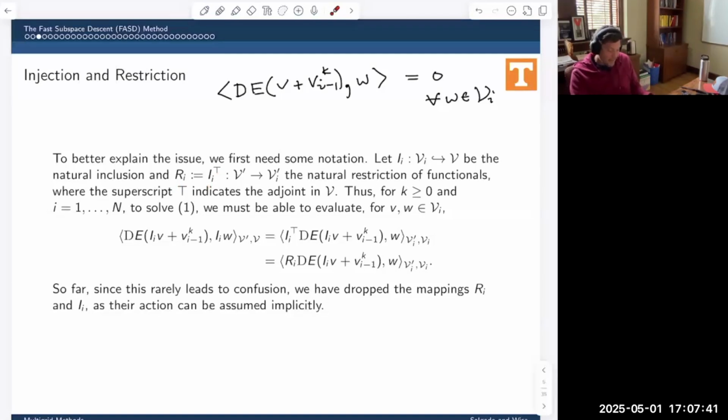And that guy takes objects from V prime, the dual space on the parent space V, and moves them into the dual space of Vi, Vi prime. How does that work?